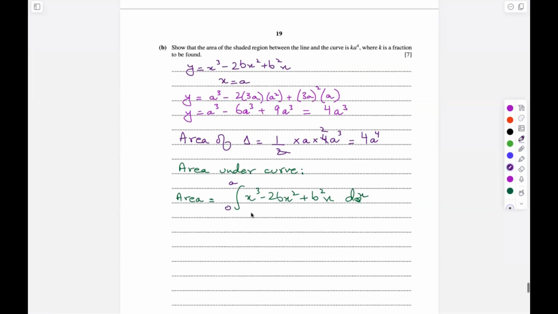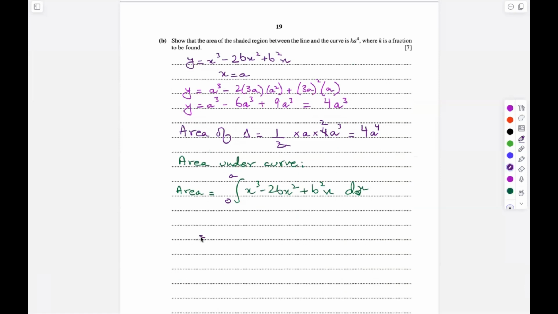In the first step, integrating x cubed becomes x to the power 4 upon 4, minus 2b x cubed upon 3, plus b squared, where the power of x increases by 1, so this becomes x squared upon 2.